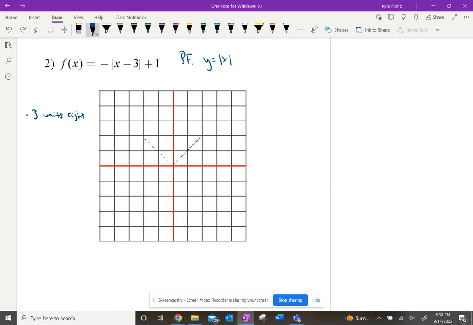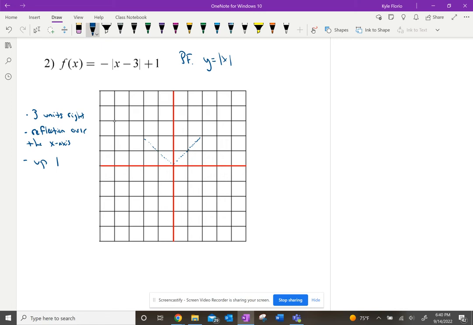I'm not multiplying this by 4 or 5 or a half or anything like that. But there is a reflection. This negative sign is outside of the absolute value, so that's going to be a reflection over the x-axis. And then the plus 1 is just going to go up 1.